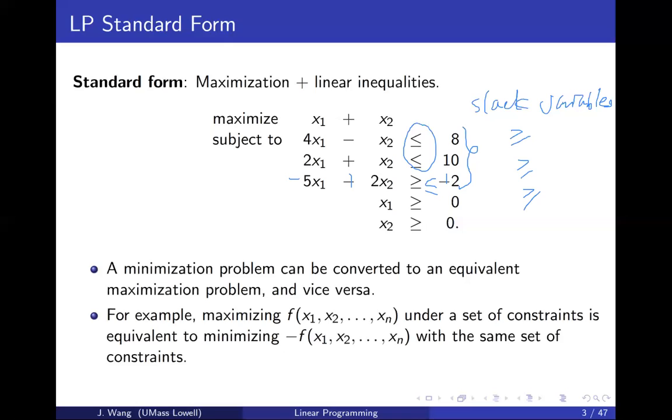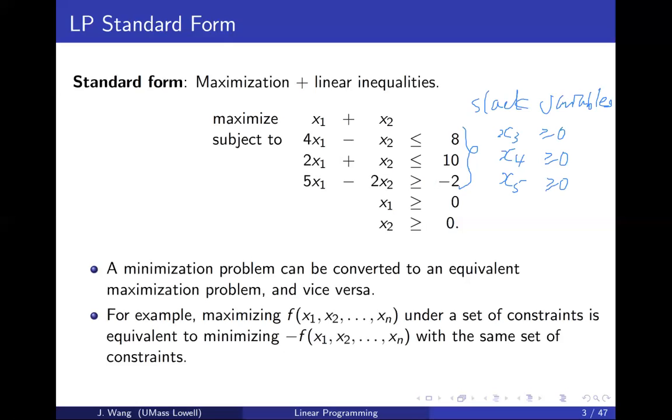So for instance, we can add a slack variable x3 for the first constraint and add x4 for the second constraint and add x5 for the third constraint, and all of these have to be greater than or equal to 0.